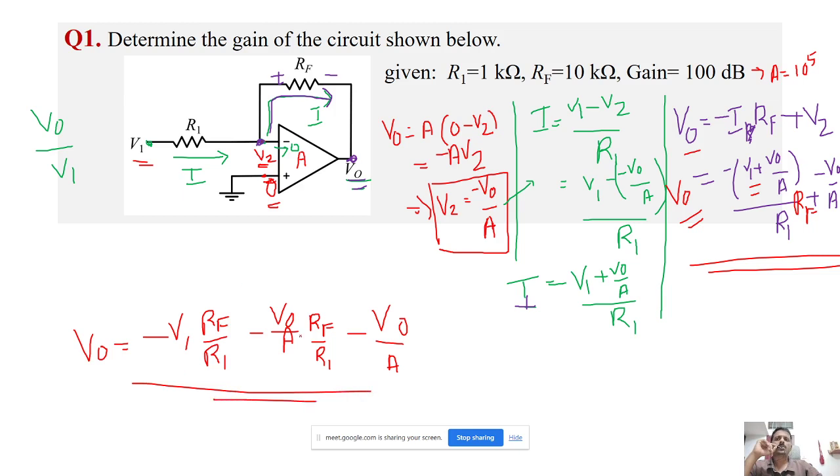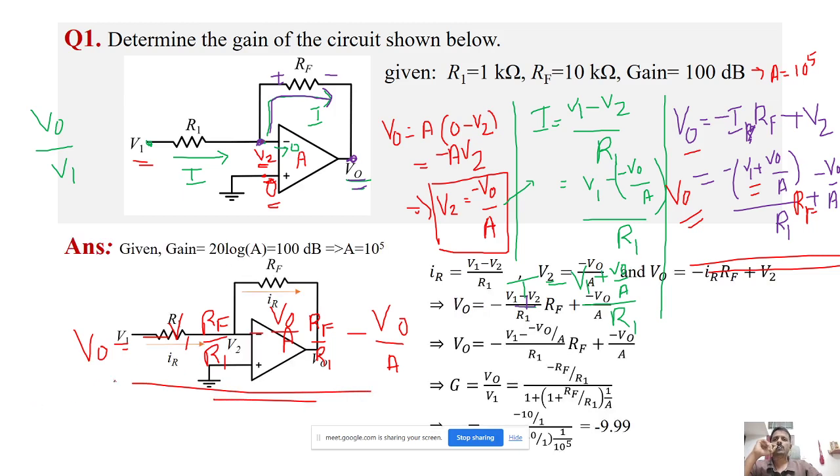That's how we will get the gain. By rearranging we'll get V0 by V1 equal to minus RF by R1 by 1 plus RF by R1 into 1 by A. So this is the net gain of this amplifier.